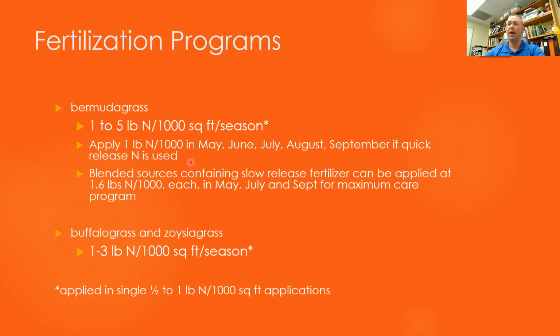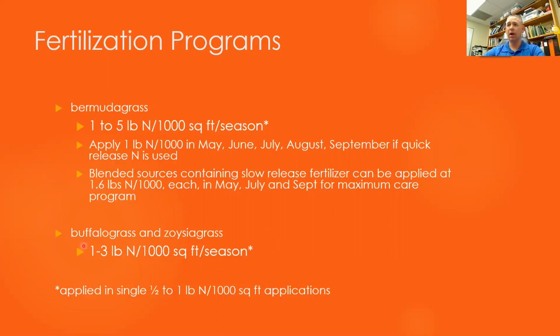So it's not 5 pounds now, 5 pounds in May, 5 pounds in July. It's going to be that 5 pounds split up into 1 pound applications 5 different times. So take that into consideration. It's not the entire recommendation all at once.